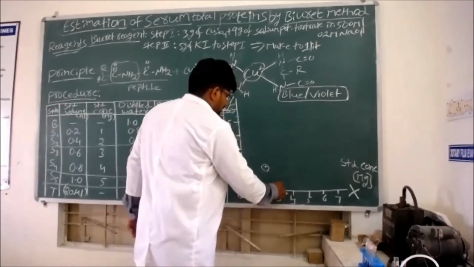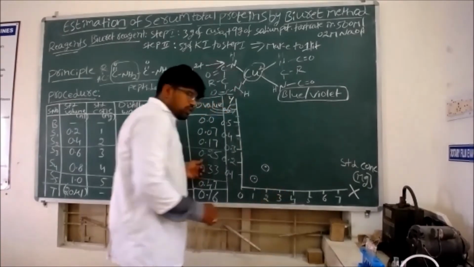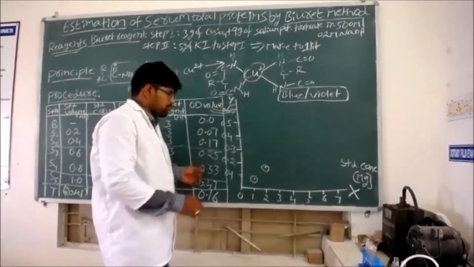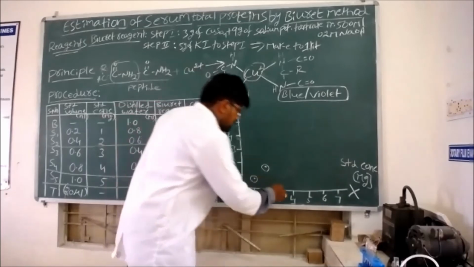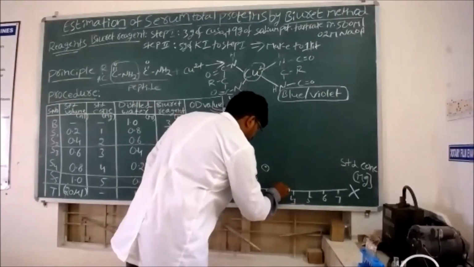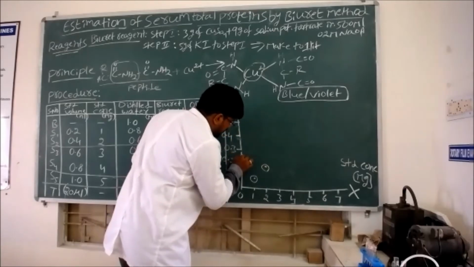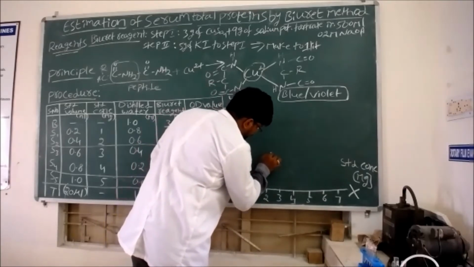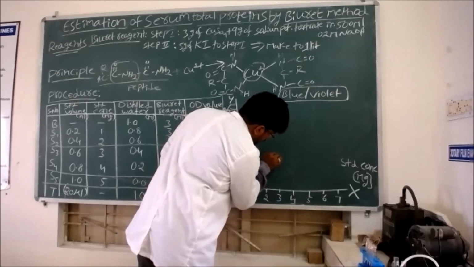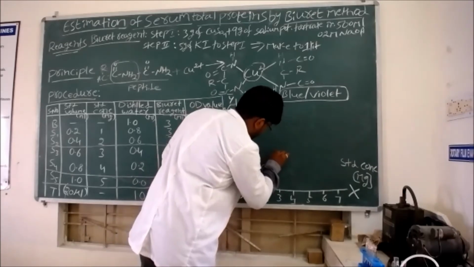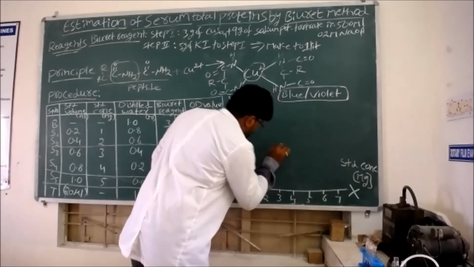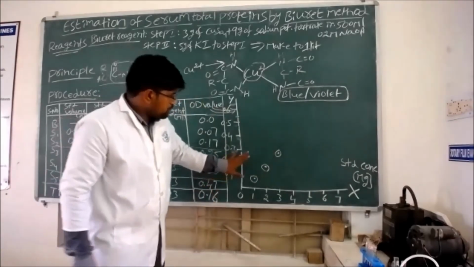Then S3: the concentration is 3 mg and the OD value is 0.25. So this is the 3. 0.25 means this is the middle. In the middle, we will get the 0.25.